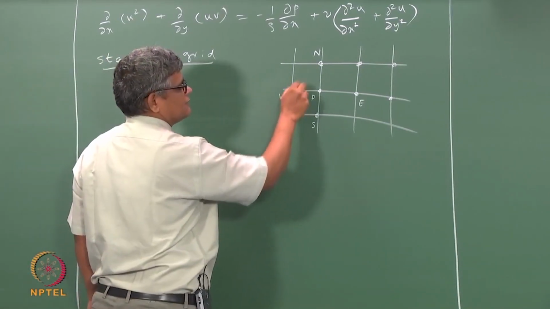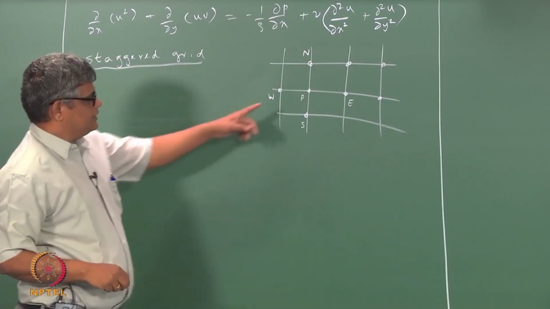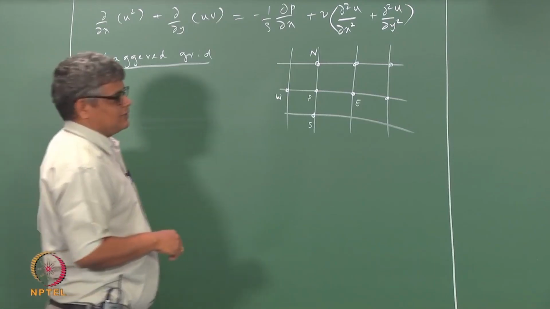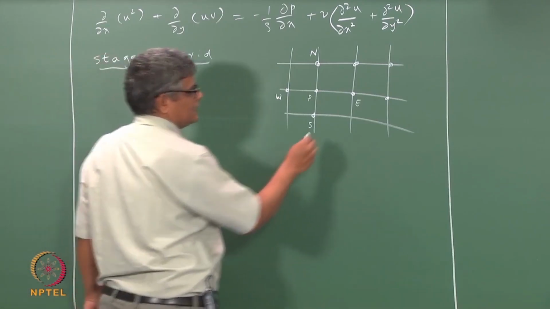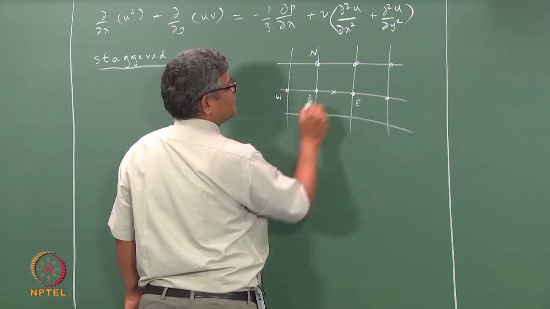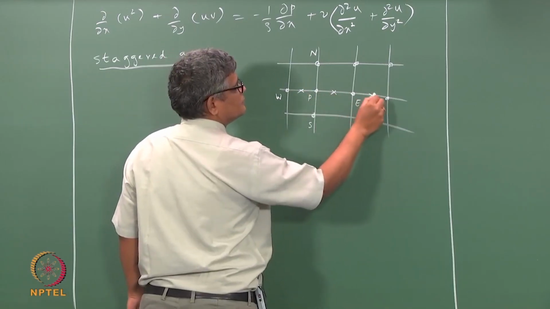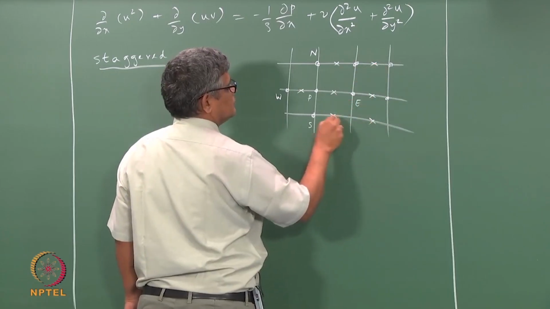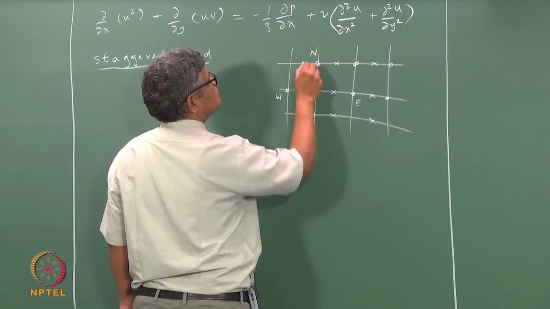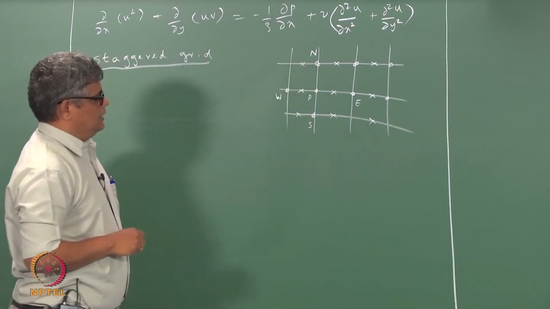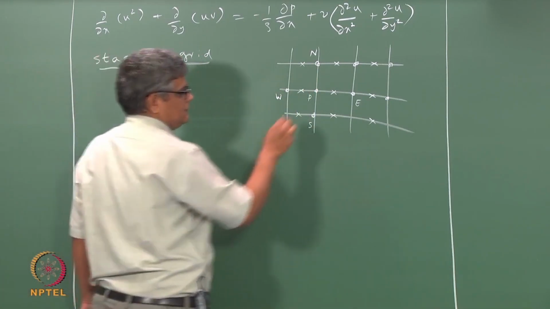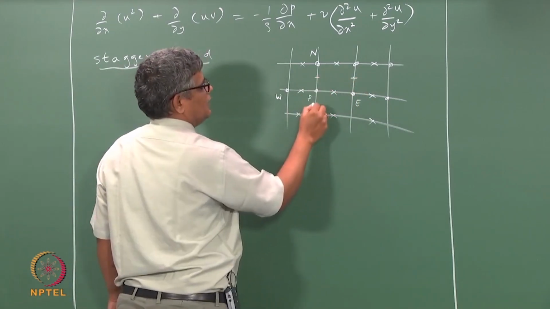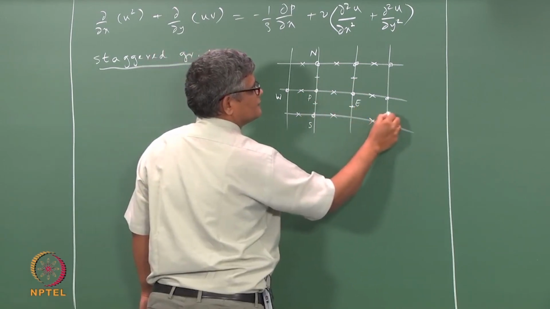So, these are the points at which pressure is evaluated. With respect to the pressure evaluation, the u velocity component, that is the velocity component in the x direction, is evaluated at these points. And the v velocity is evaluated at these points, which are displaced by half a grid in the y direction.